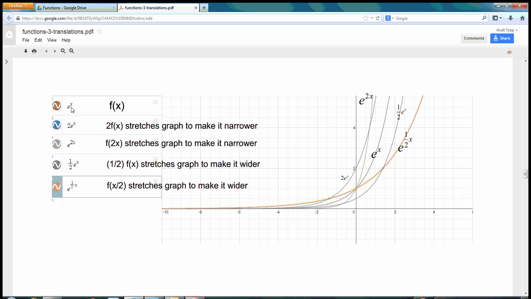So wherever you saw x in the original definition of f of x, you replace it with whatever is in the bracket here. And what we have in the bracket here is x over 2. So f of x over 2 is e to the power of x over 2. And that is graphed right here. And you can see that this function is wider than the e to the x function. It is less steep as compared to the e to the x function.